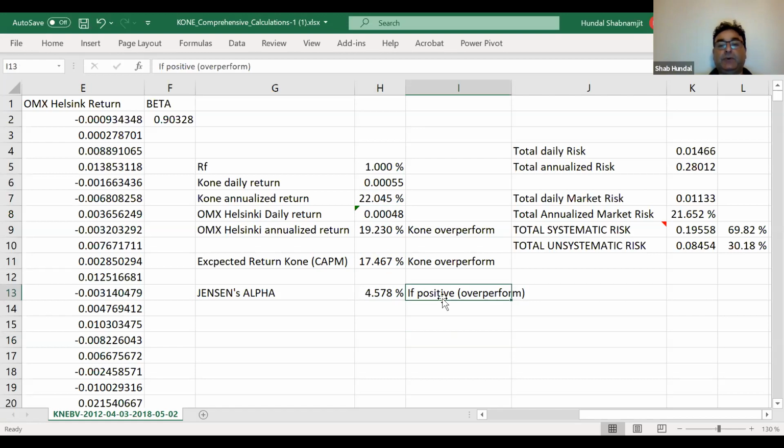Anything positive is welcome, but in this case, this positivity is about 5%, which is really good. It's a big margin above the benchmark. The bottom line was 17.467.